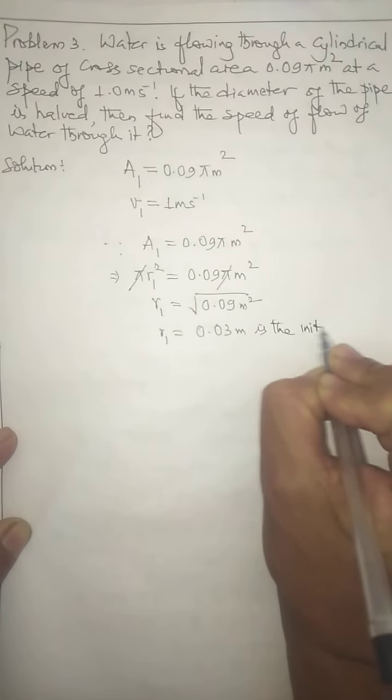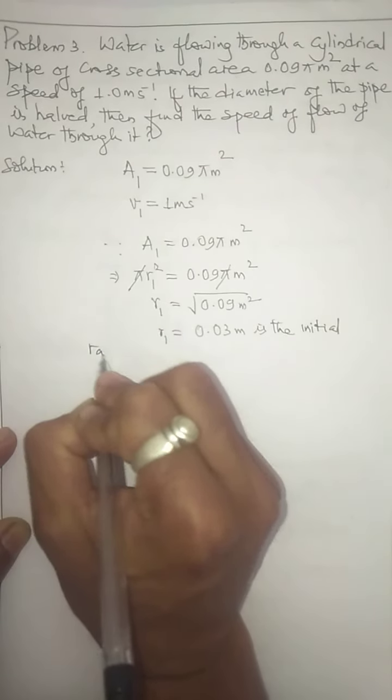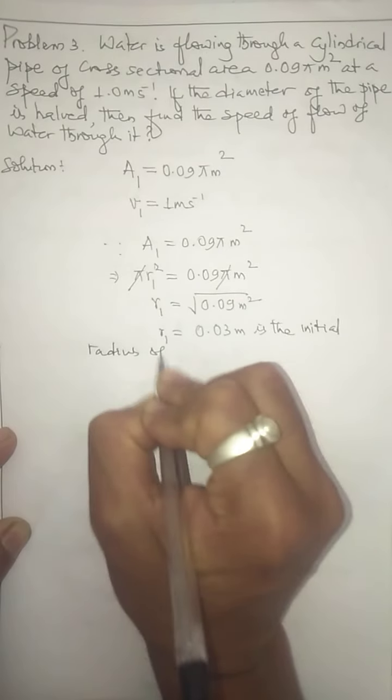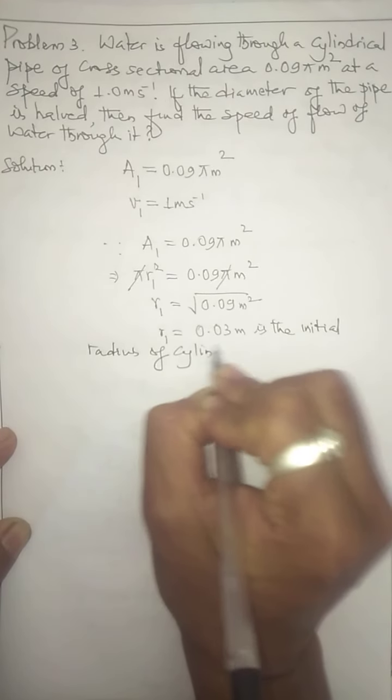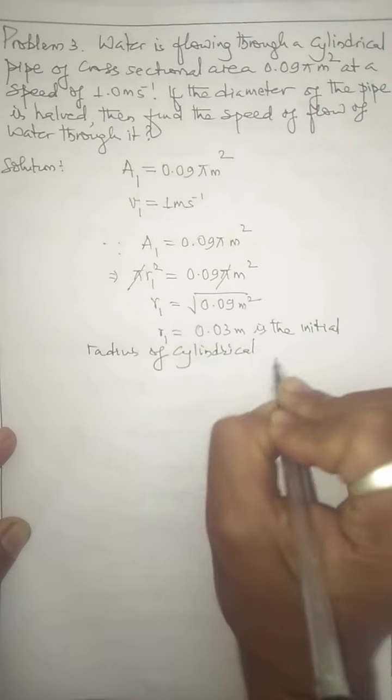So this is the initial radius of the cylindrical pipe.